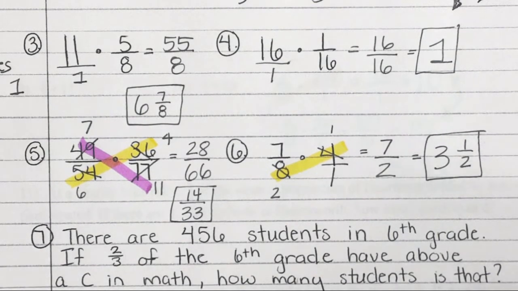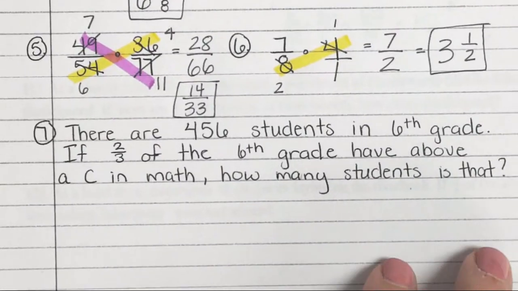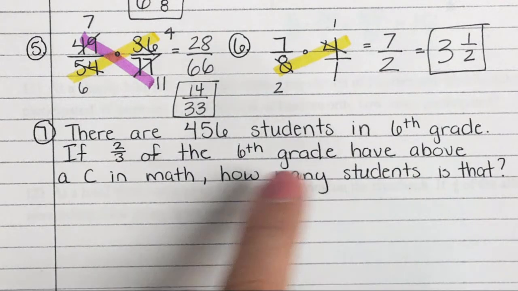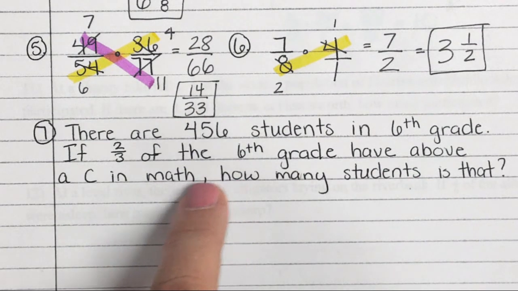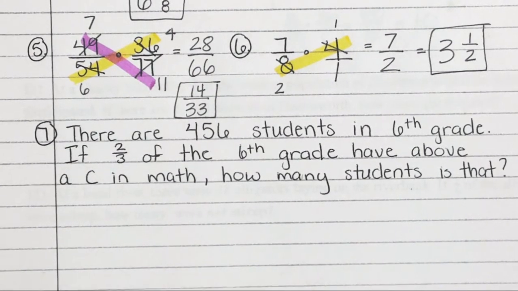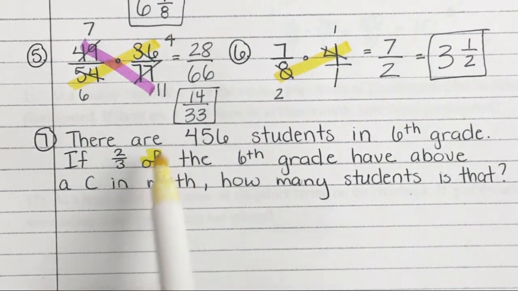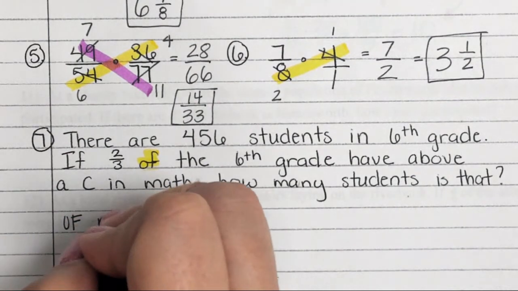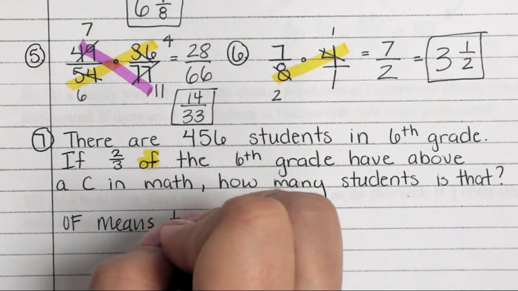All right, let's look at the word problem together. There are 456 students in 6th grade. If 2/3 of the 6th grade have above a C in math, how many students is that? So here's our key word right here: of. When we're talking about fractions, the word of means to multiply.